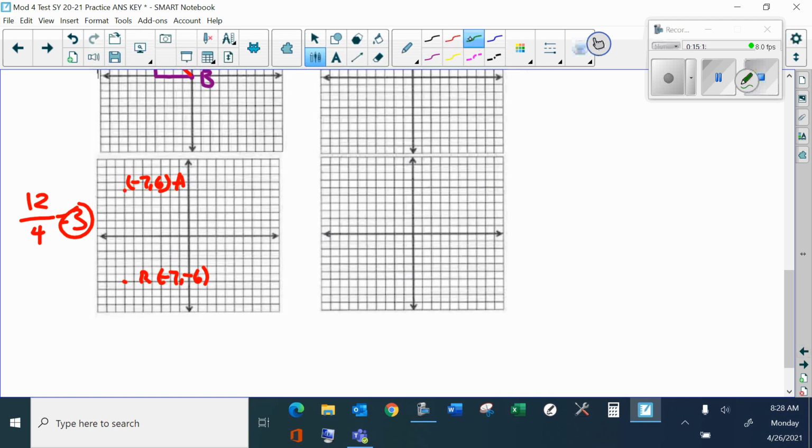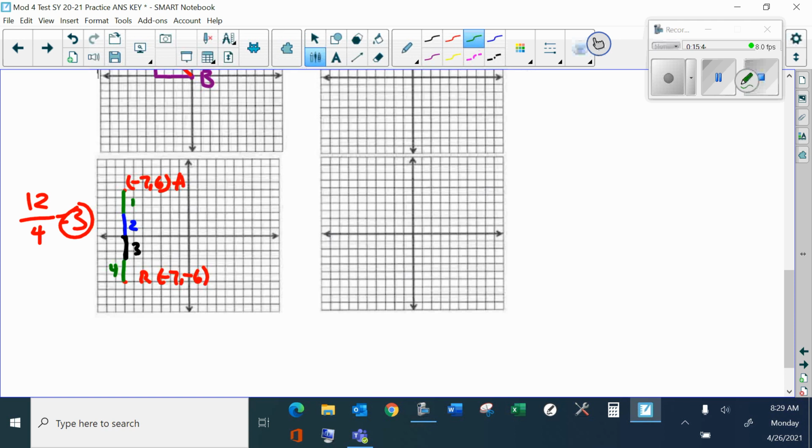I'll change the color. 1, 2, 3, that's 1 part. Change the color again: 1, 2, 3, that's 2 parts. Again: 1, 2, 3, that's 3 parts. And back to green: 1, 2, 3, there's my 4 parts. So every time I go a total of 3 down, that's 1 part.